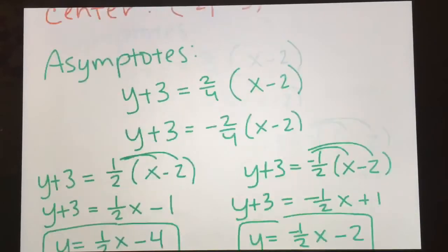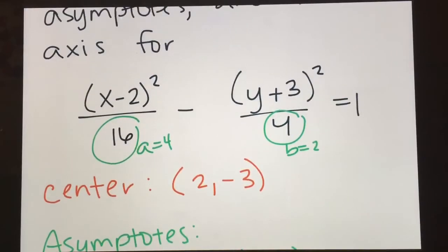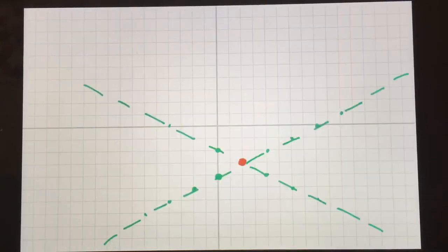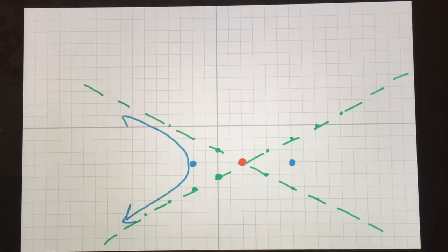So now let's look back at our equation. We're drawing the pieces of the graph that go to the left and to the right. We need to know what the value is underneath here. So our a value was 4, and that tells us how far from the center we're going to go to the left and to the right. So I'm going to go to the right 4, to the left 4, and then I can draw my arcs in there.